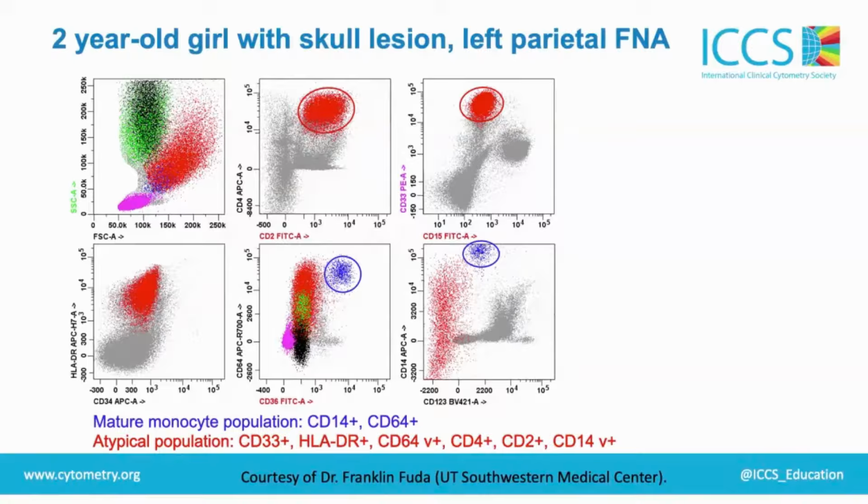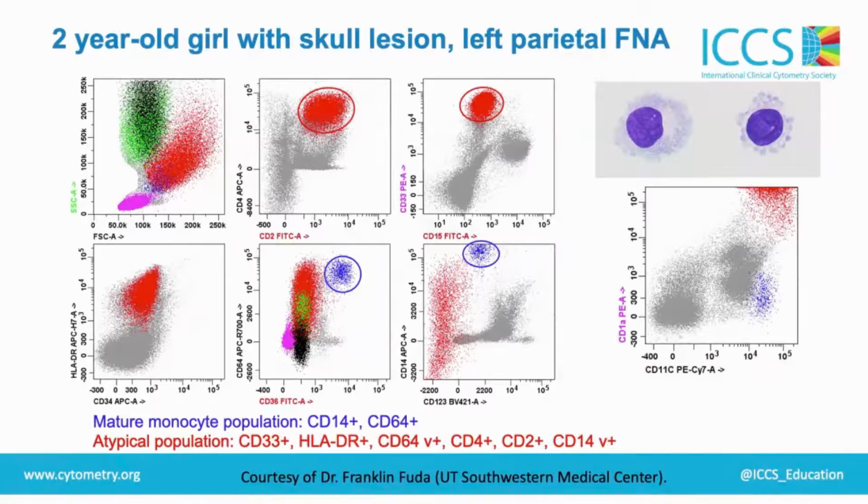The atypical cells are large, with grooved and folded nuclei, and abundant pale cytoplasm with vacuoles. Additional tube showed the atypical population has bright CD1A expression, while normal mature monocytes are negative for CD1A. The diagnosis is Langerhans cell histiocytosis.